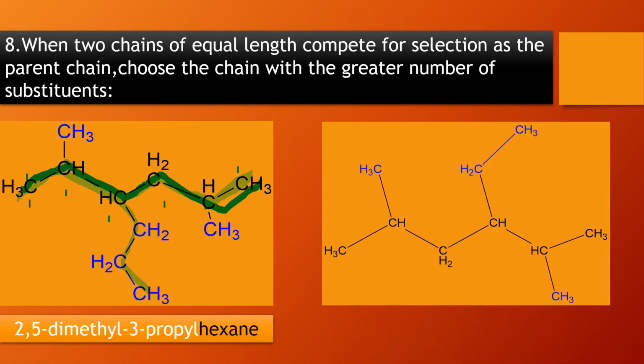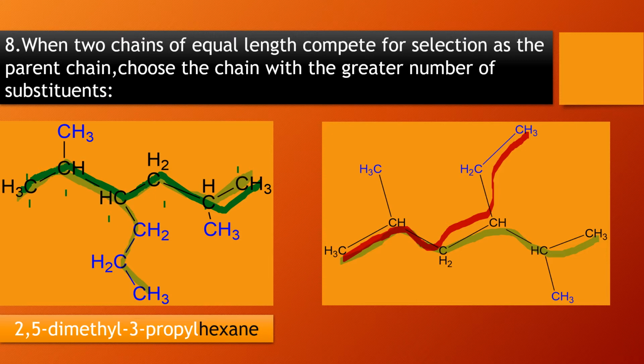This is another example. So you can see here, this one is a chain, or this one could be the chain. So which chain will we select?